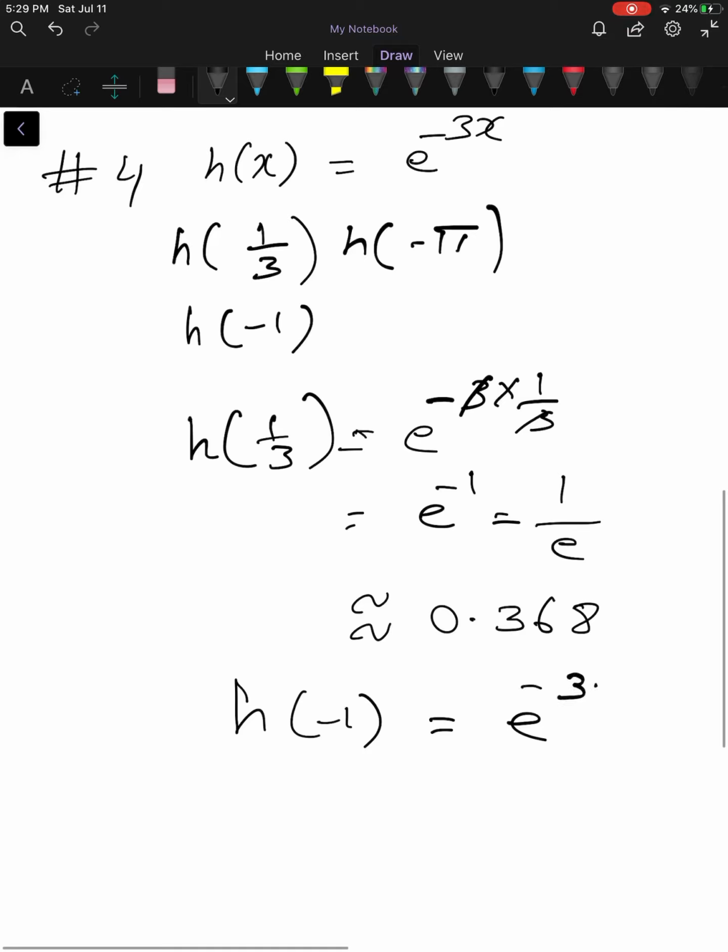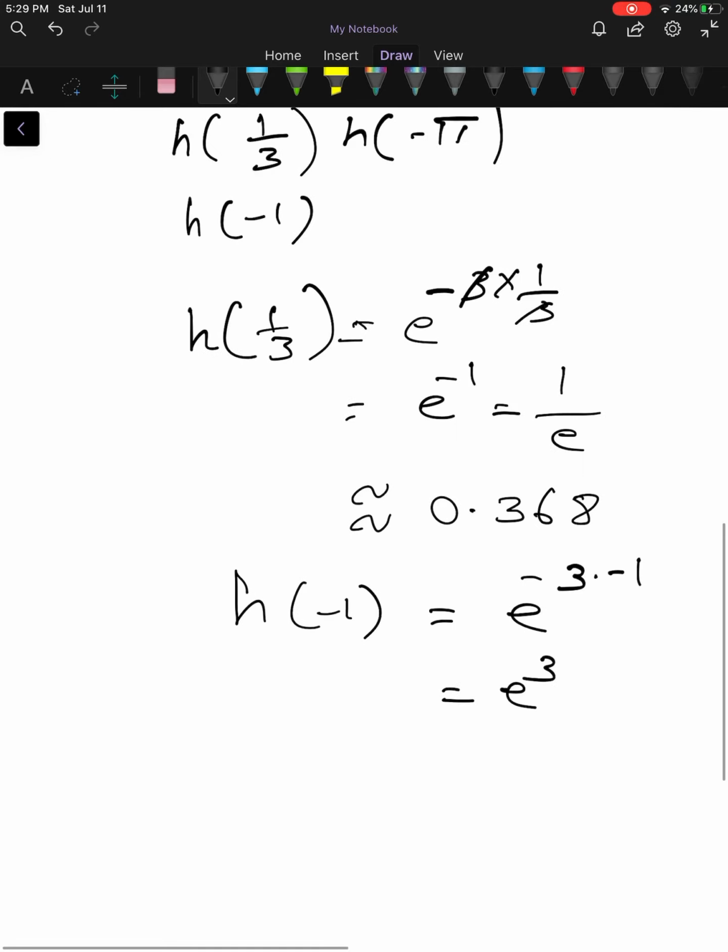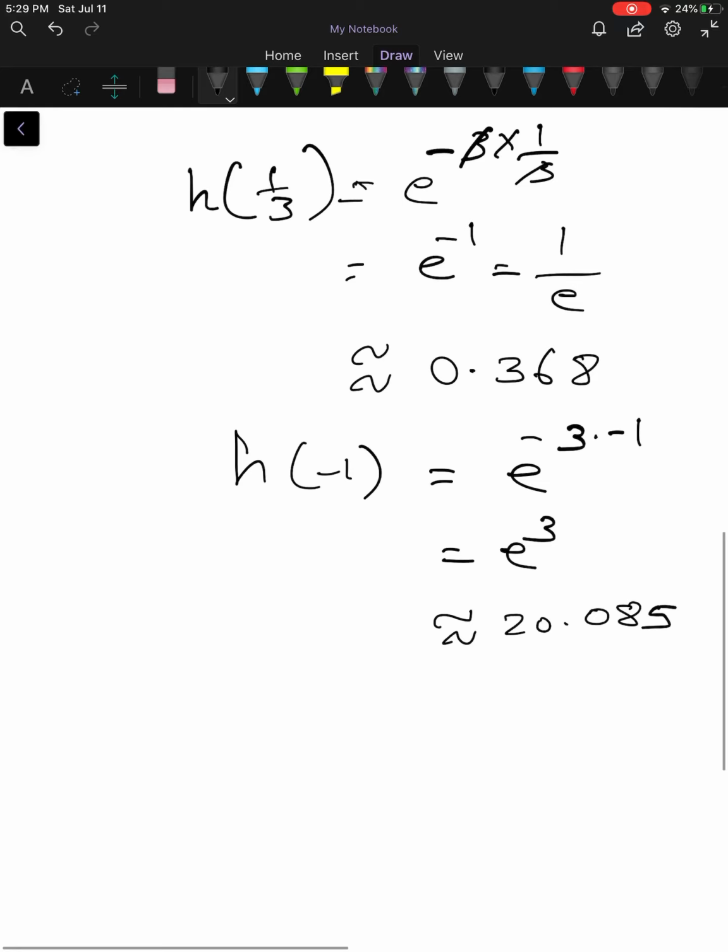Then h of negative 1 would be e to the power of negative 3 times negative 1, so that is e power 3. e to the power of 3 is 20.0855, so approximately 20.086 to 3 decimal places.